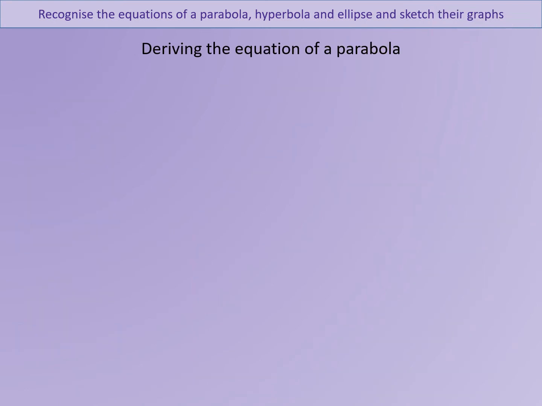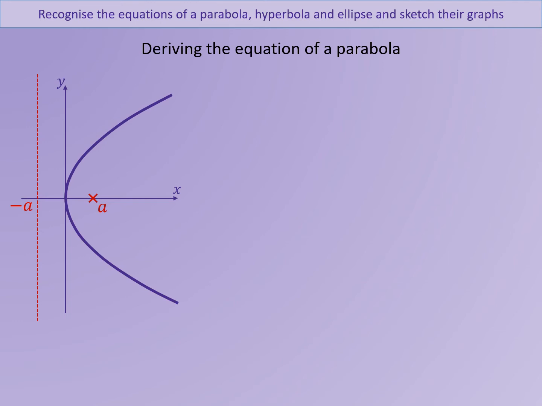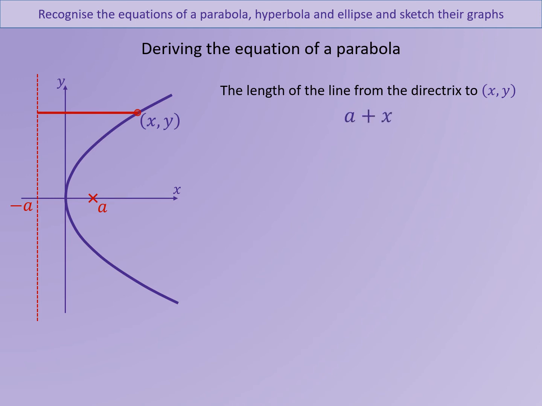So we're now going to derive that equation for the parabola from this diagram here. So first we can find the length of the line to the directrix. So if (x, y) is a point on the curve, we can say that this distance is a plus x, because this distance here is a, and then this distance here is x.